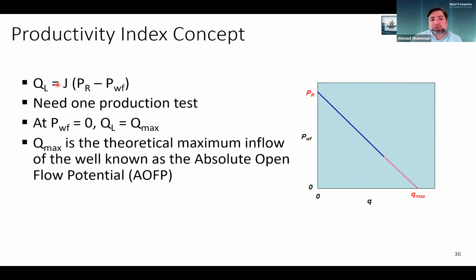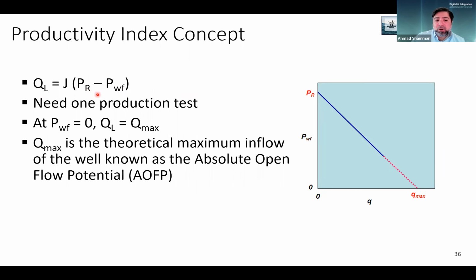So J, the productivity index, is Q at any point divided by reservoir pressure minus PWF. So how many points do I need? Well, if I know the reservoir pressure, I only need 1 point. So I will need the flowing bottomhole pressure and the flow rate, plug them into this equation because I know the reservoir pressure, and that's it. I know my J.